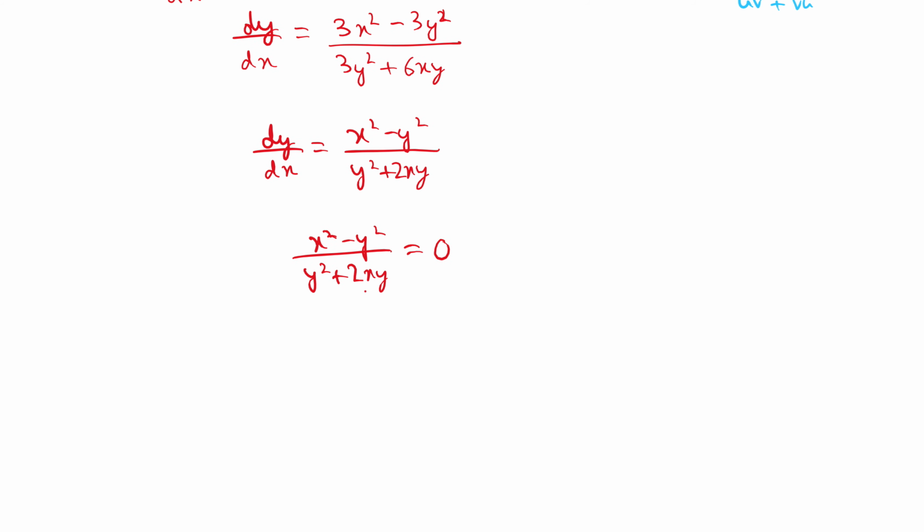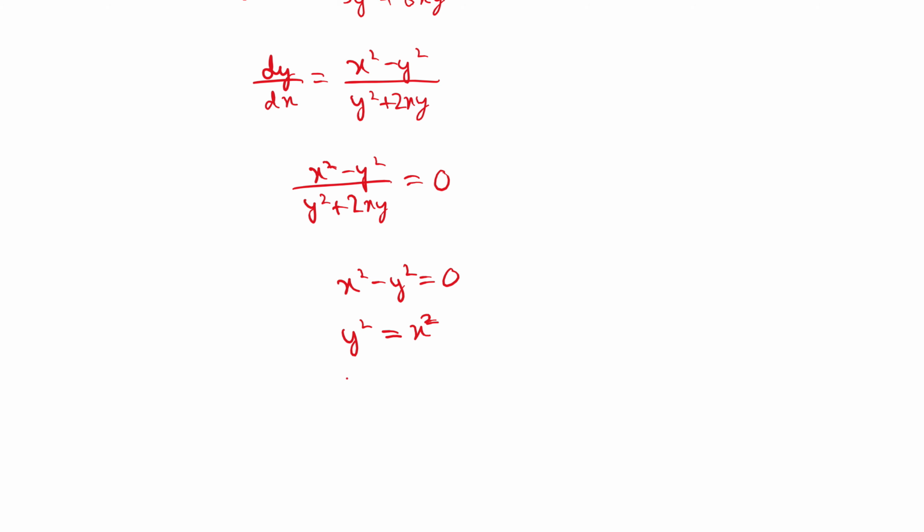From here the denominator will multiply with 0 and this will become 0, so we'll be left with x squared minus y squared is equal to 0. From where I can move y squared to the right hand side, and this will be y squared is equal to x squared. Now I can take the square root of both sides, and this will give us y is equal to plus or minus x.